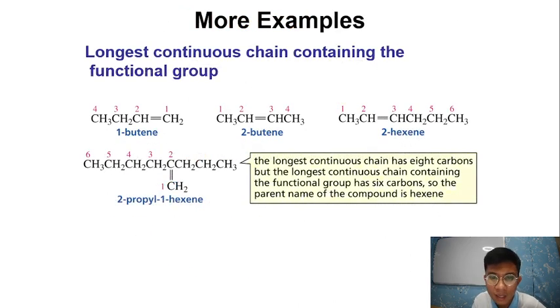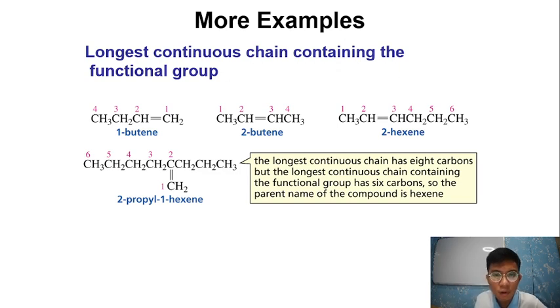So, more examples lang tayo. Ganun pa din, you should locate the longest continuous chain containing the functional group. Let's say that's an alkene. So, find the parent chain, give the lower number dun sa double bond ninyo. Okay? So, yun nga.